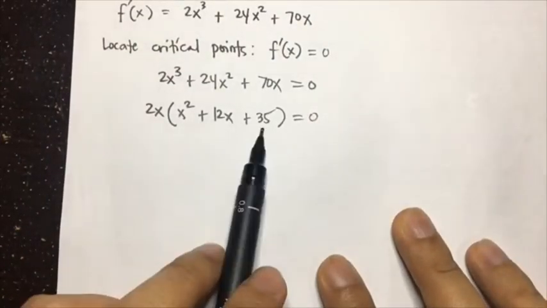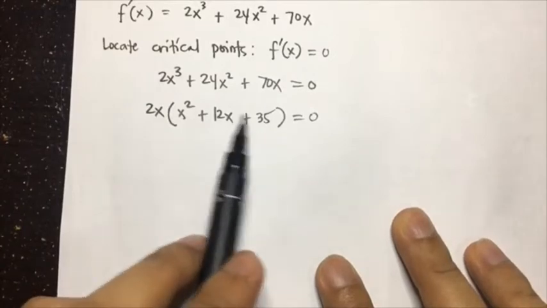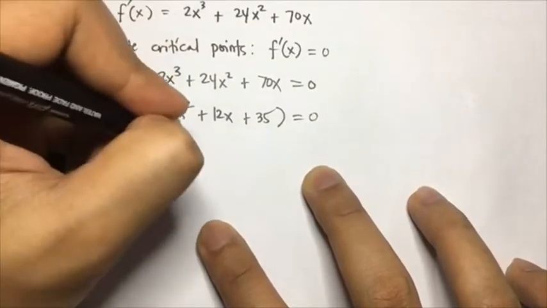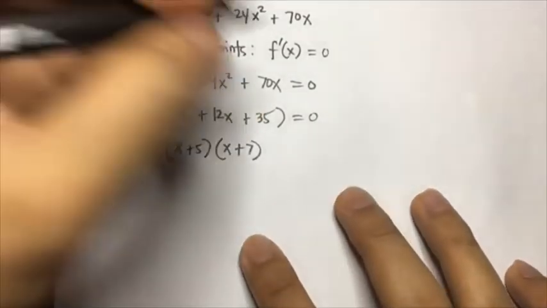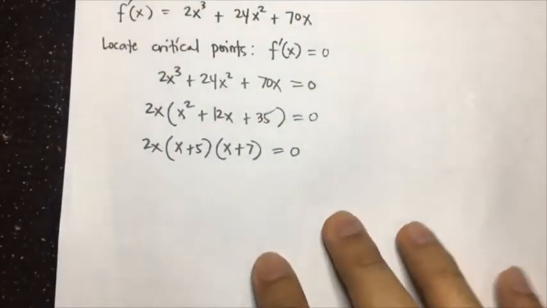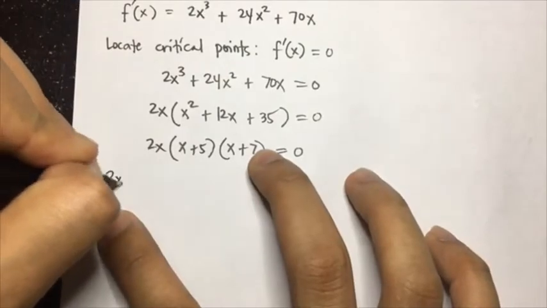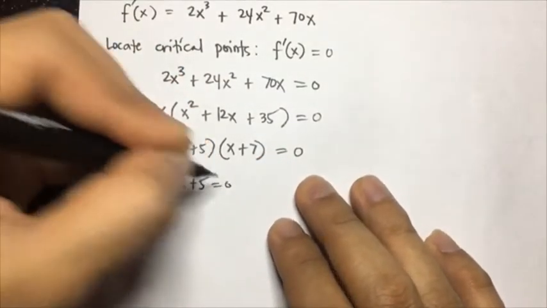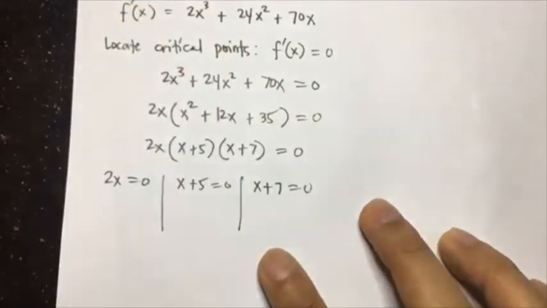Next, factor this. Factor 35 such that the sum of the factors is 12. We'll have 7 and 5. So 2x times x plus 5 and x plus 7 is equal to 0. Now, equate the factors to 0. We have 2x is equal to 0, x plus 5 is equal to 0, and x plus 7 is equal to 0.